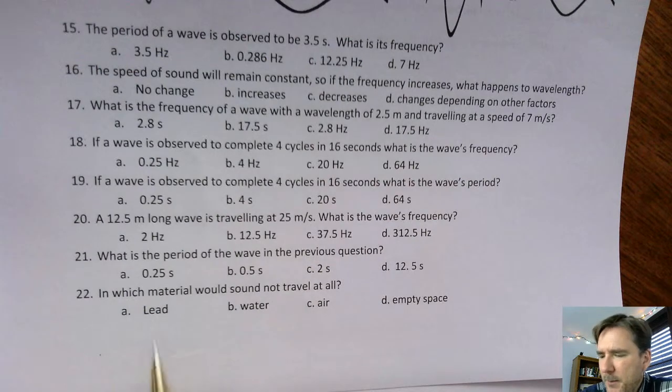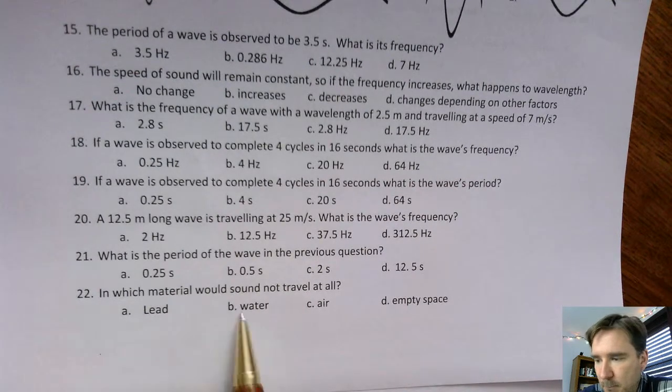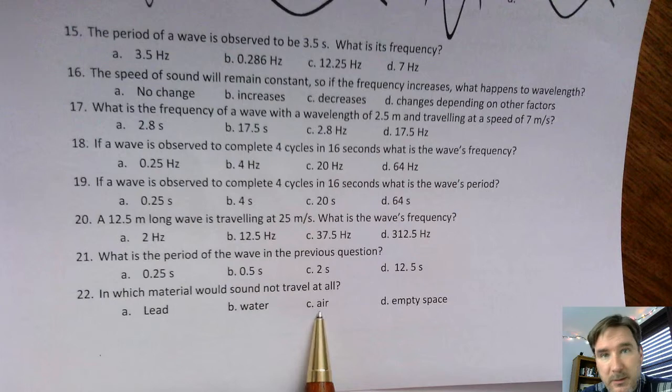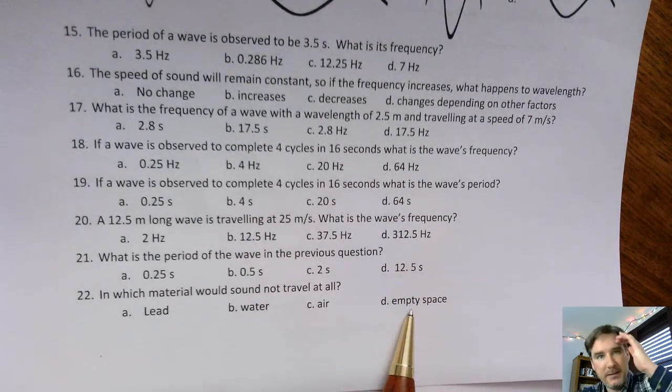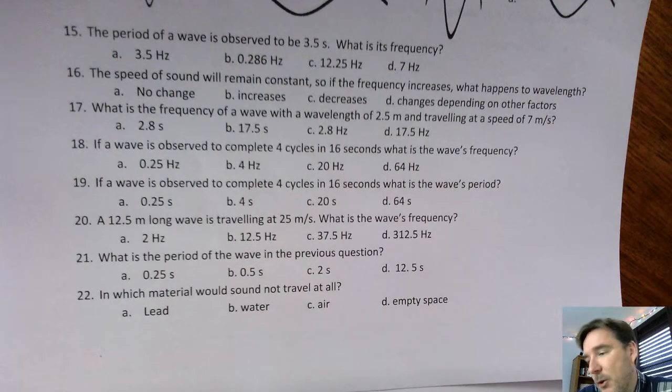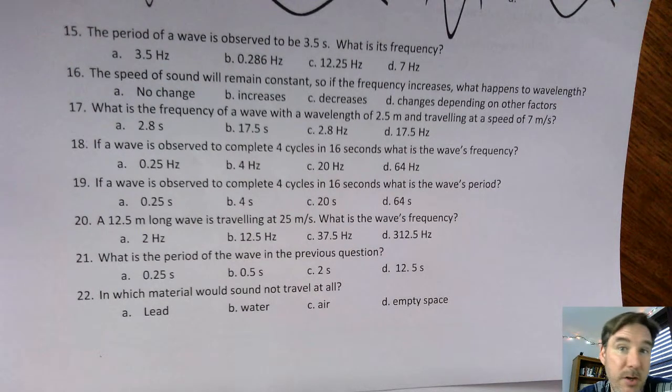So sound can travel through lead, sound can travel through water, sound can definitely travel through air. But it's empty space that sound cannot travel in. Again, the vacuum of space. You're not going to have any molecules to bounce off of each other and propagate the wave or continue the wave.